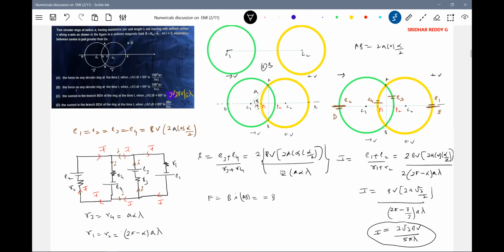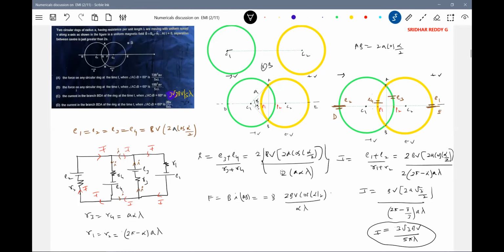So this will be B. What is the value of I? I will be 2BVA. A also gets eliminated. 2BV cos of alpha by 2. 2A gets eliminated here, so we'll be left over with alpha lambda.